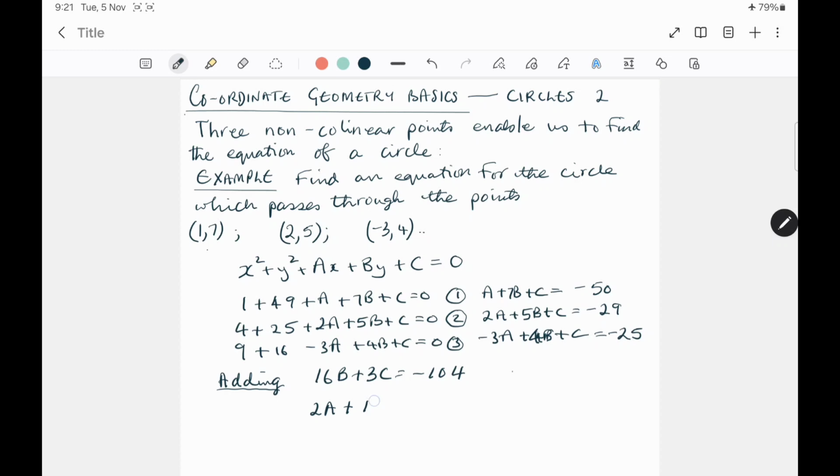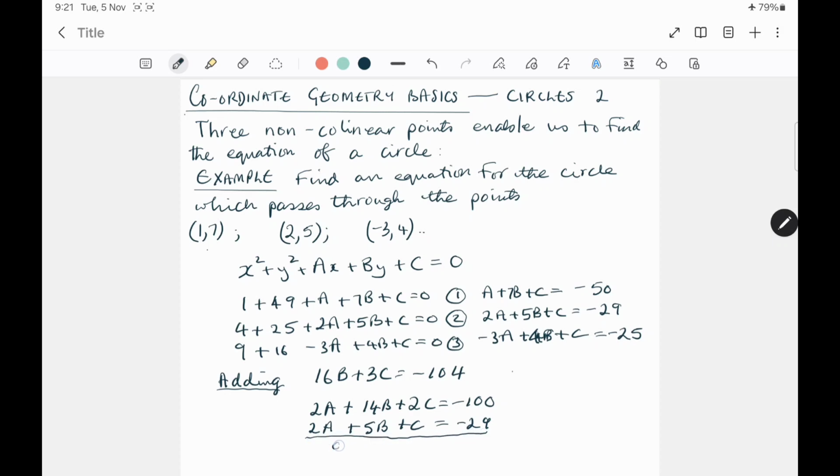that will be 2a plus 14b plus 2c equals minus 100. And then in the other equation, we've got 2a plus 5b plus c is minus 29. And let's see what that gives us when we subtract.